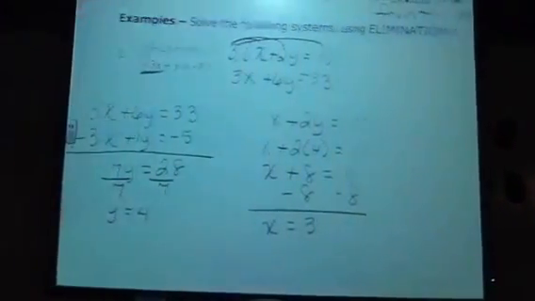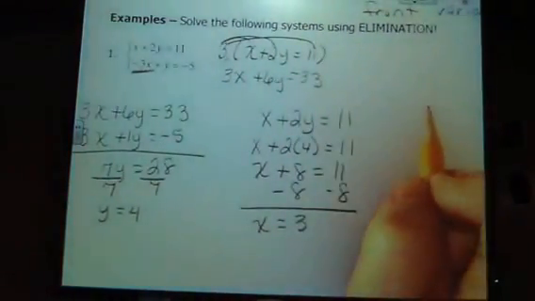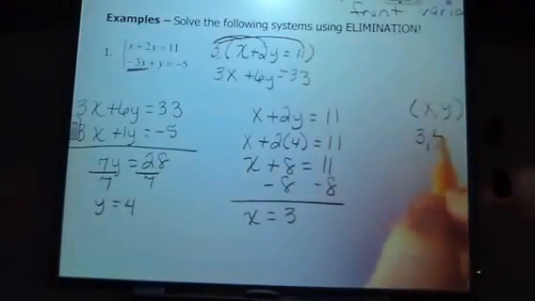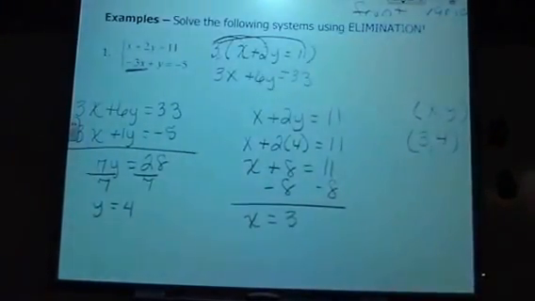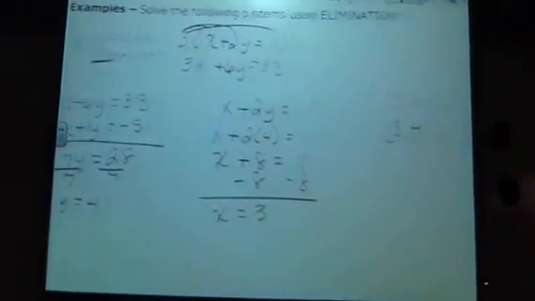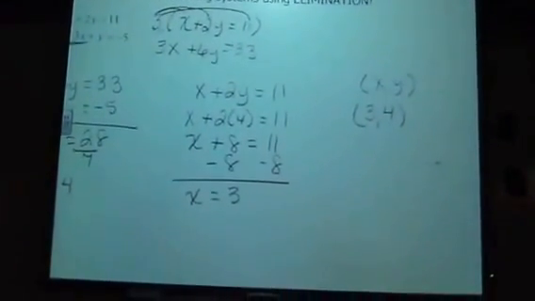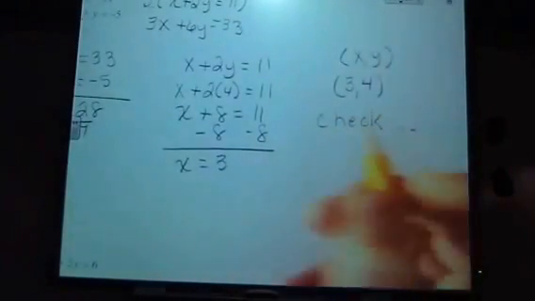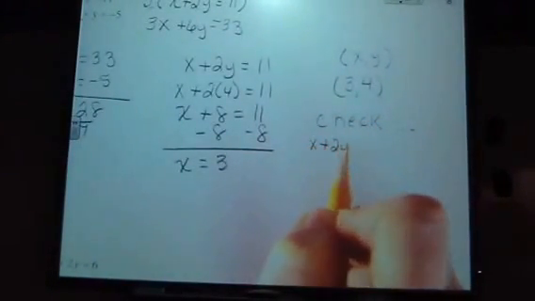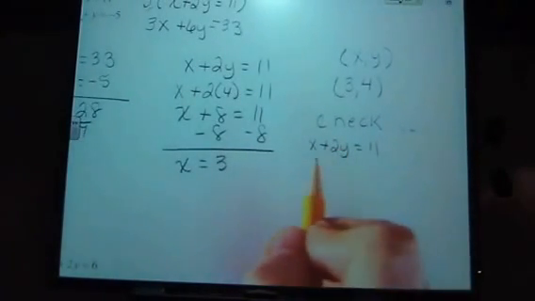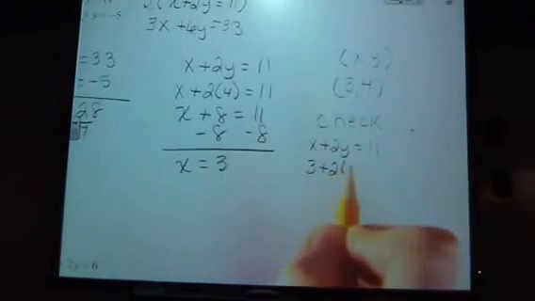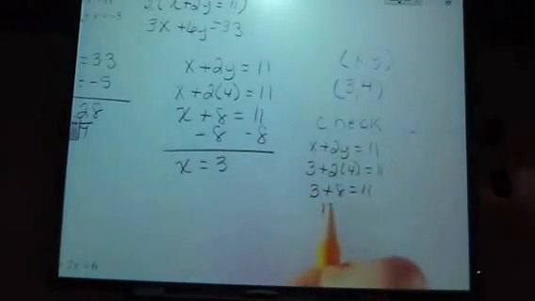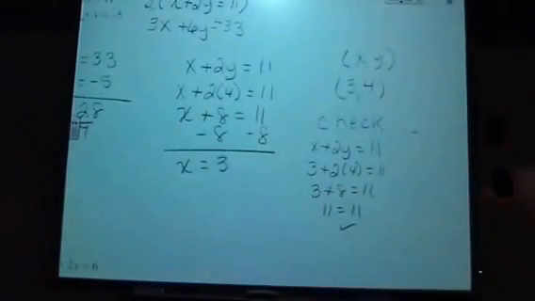Now remember, your solution is an ordered pair. My x value is 3. My y is 4. And remember, we can check. Okay, so for my first equation, substitute 3 for x and 4 for y. That one checks out.